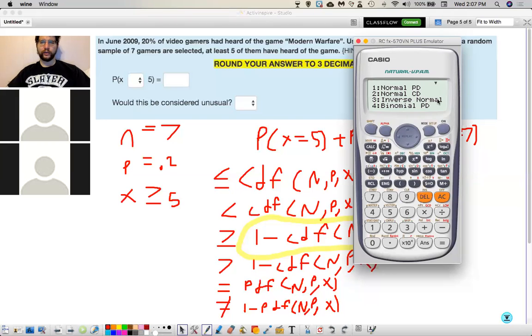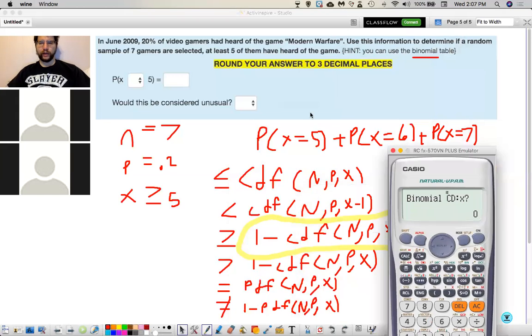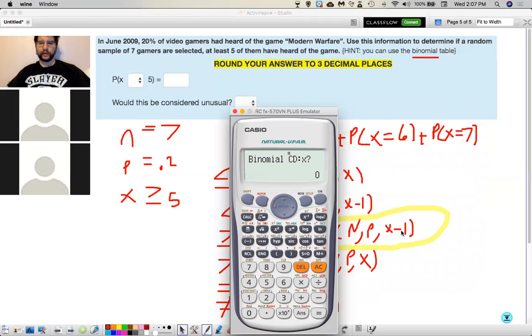And we need a binomial, not PDF, but CDF. You have to go down to the second set of distributions and do a number 1. Do we know the list of data? No, we don't. We got variables. What's X? Well, it's 5, but we have to take 1 away from that. So 5 minus 1 or 4. What's N? 7. What's P? 0.2. Oh, there we go.